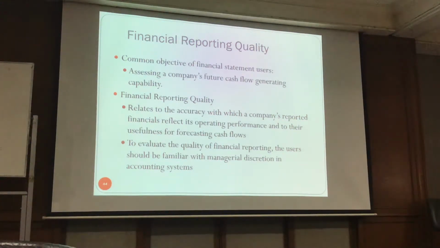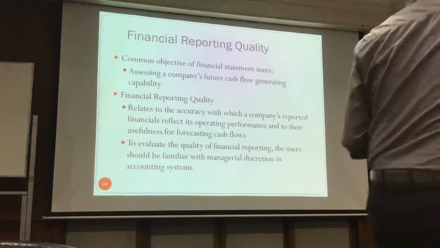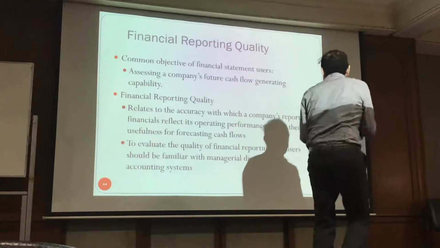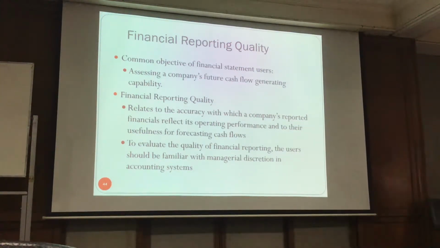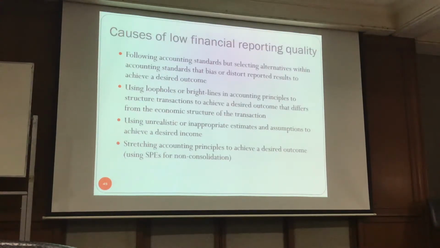You can project the cash flow from the financial statements for sure, right? Make sure the qualities are related to the accuracy of the financial report. You've got to make sure you can rely on it, all right? So if you want to make sure everything is fine, it helps us to forecast the cash flow.